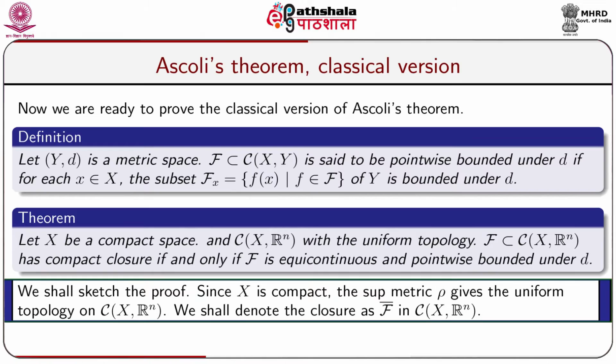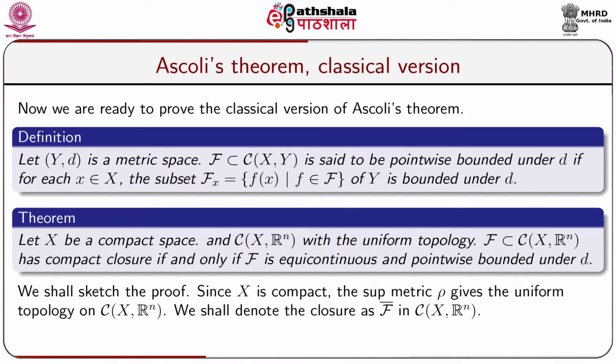Since capital X is compact, the sup metric rho is defined on C(X, R^n) and gives the uniform topology on C(X, R^n). Throughout, we shall denote the closure of script F in C(X, R^n) by script G.